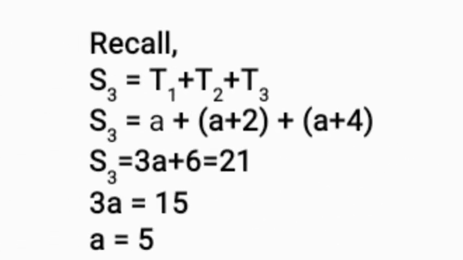Recall that the sum is equal to T1 plus T2 plus T3. Sum is equal to A plus A plus 2 plus A plus 4, which gives us 3A plus 6, and the sum is 21. Solving this equation linearly, we have 3A is equal to 15. Making A the subject of the formula, you have A is equal to 5.